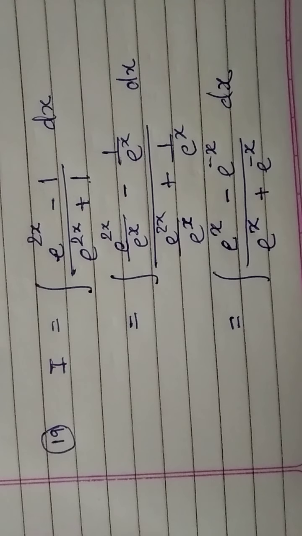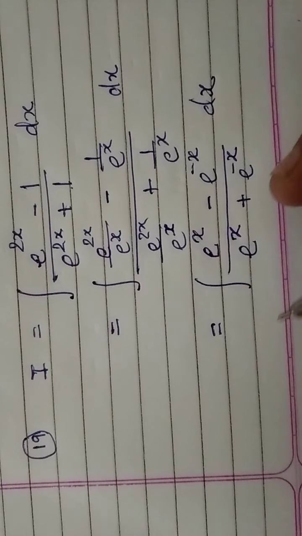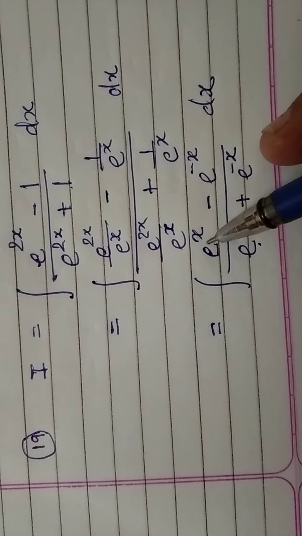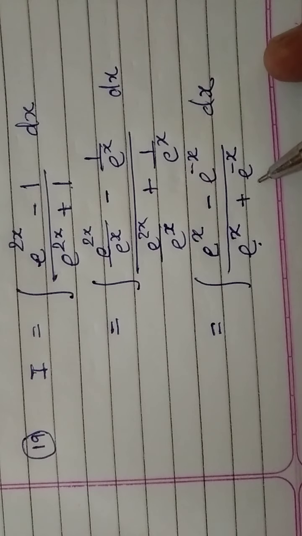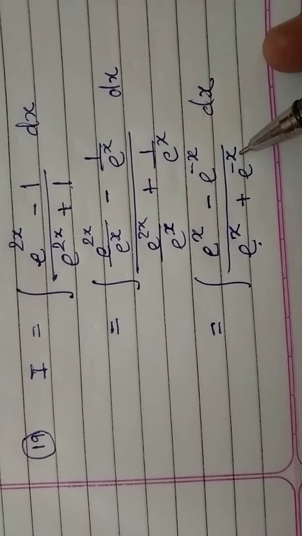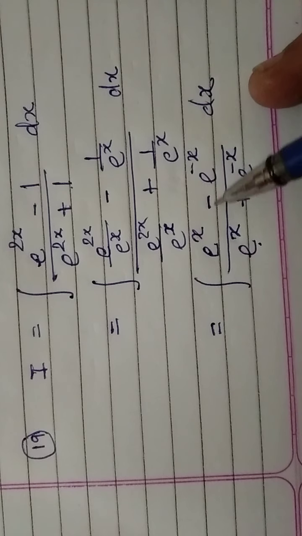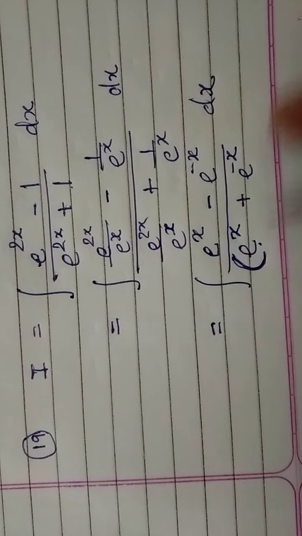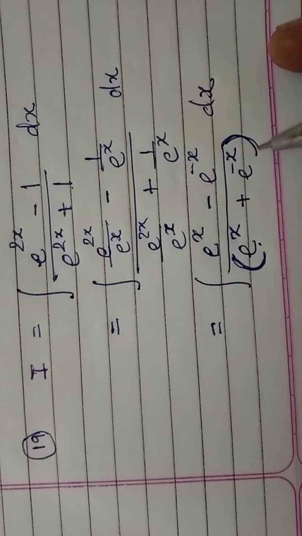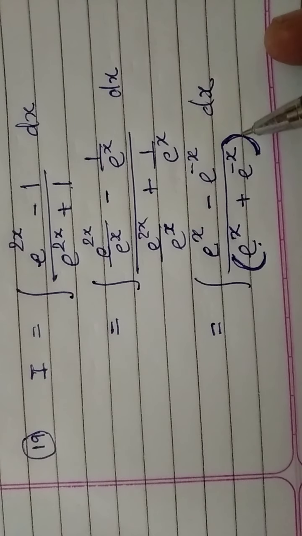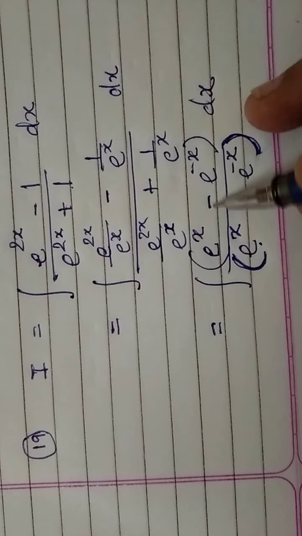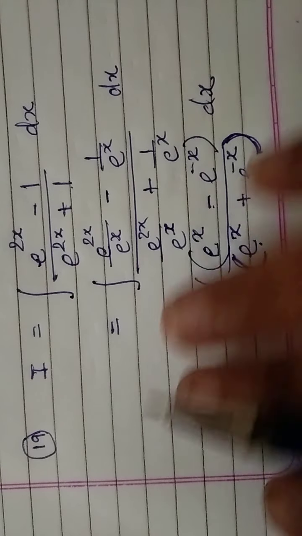Now I somehow simplified, and now just think, if I differentiate e raised to x, what would be the answer? It would be e raised to x. If I differentiate e raised to minus x, the answer would be minus e raised to x. That means if I put this whole term in the denominator as a t term, then this full term in the numerator into dx will become the dt term.